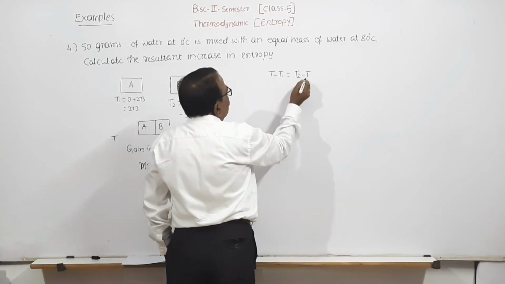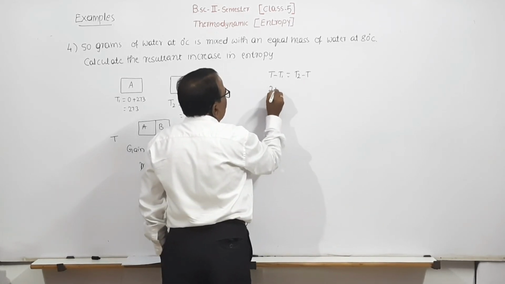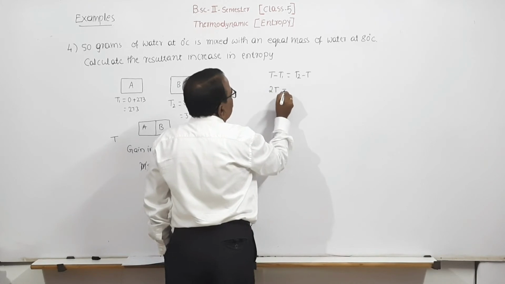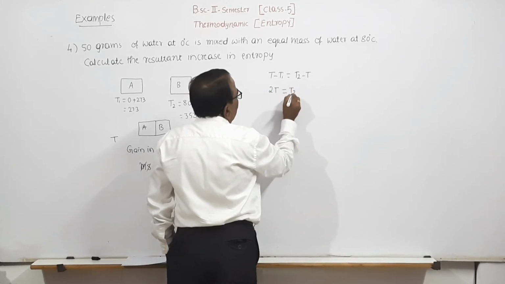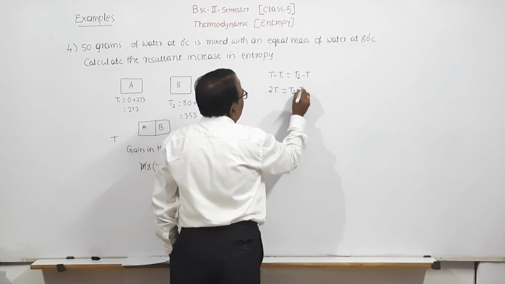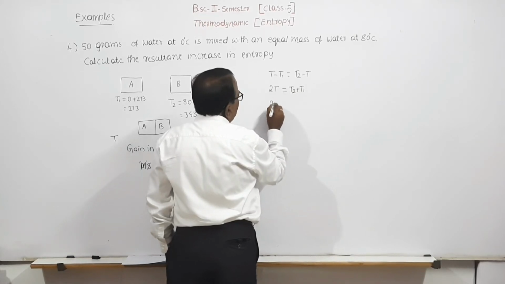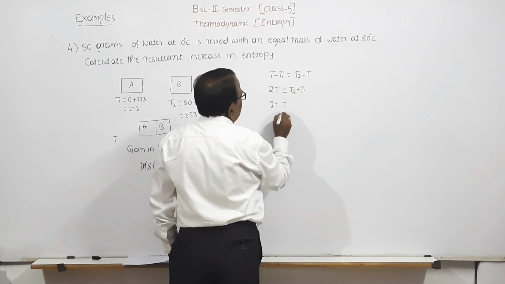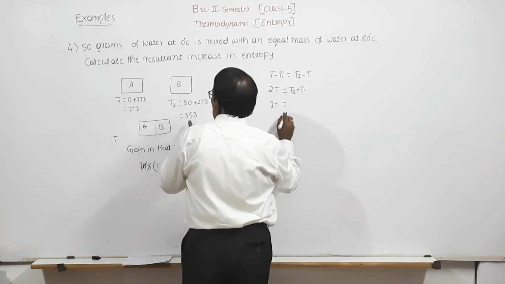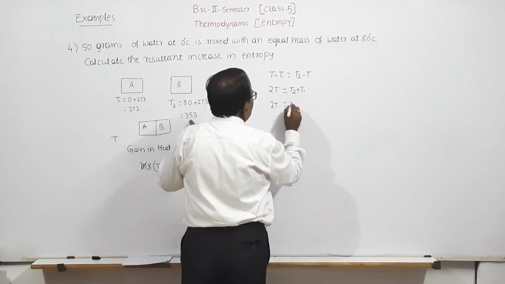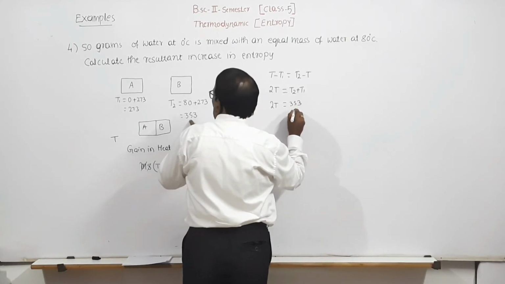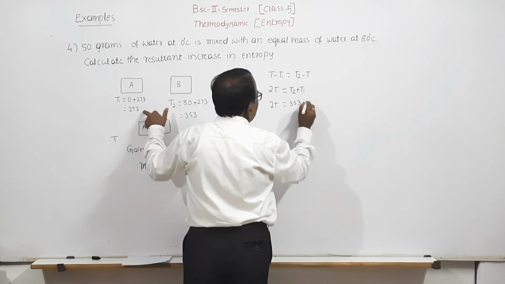Then if you take this to the other side, 2T is equal to T2 plus T1. It is 2T is equal to T2, which is 353, plus 273.